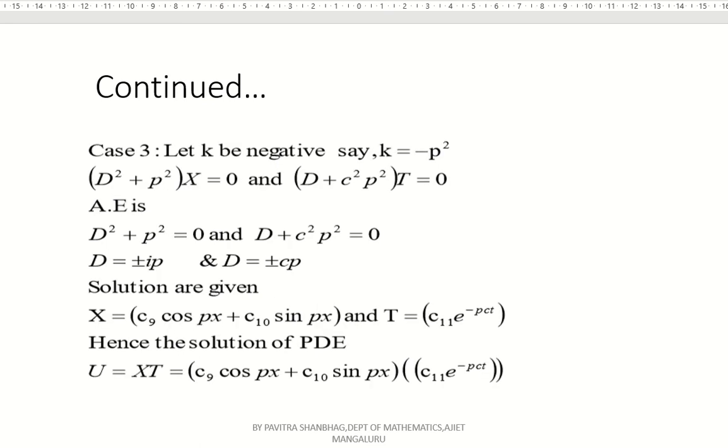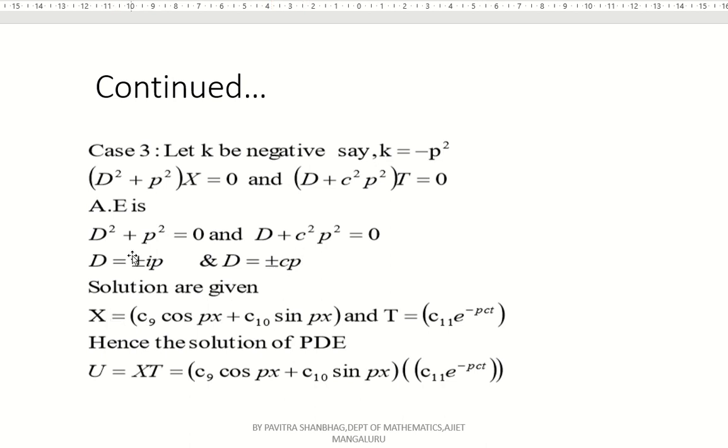And at the end, case 3, suppose k is negative, that is k = −p². Then (D² + p²) X = 0 and (D + c² p²) T = 0. Now equate both sides to 0, then that is the auxiliary equation: D² = −p², or D = ±ip. Similarly here D = −c² p².